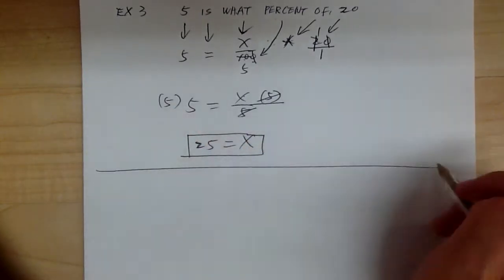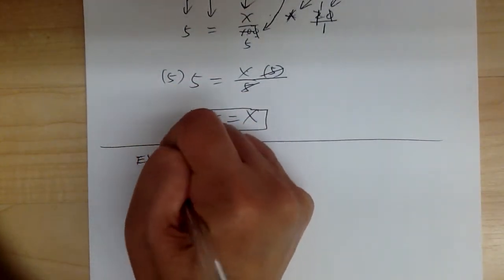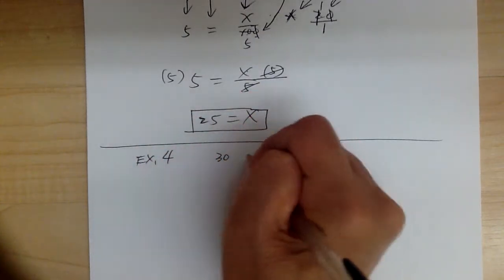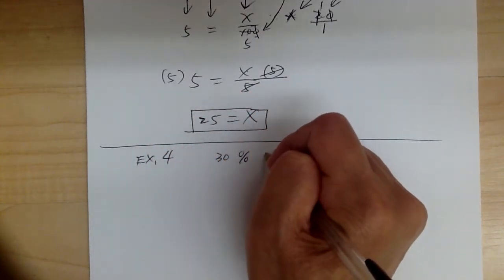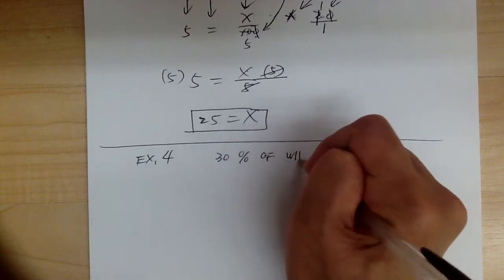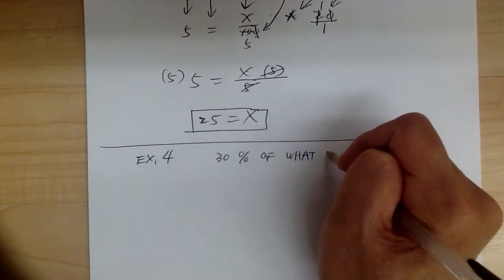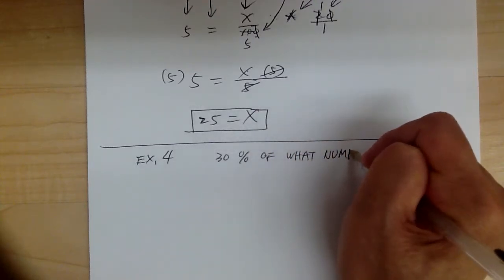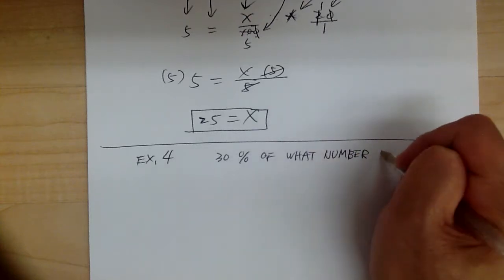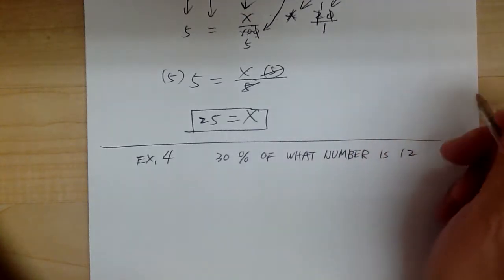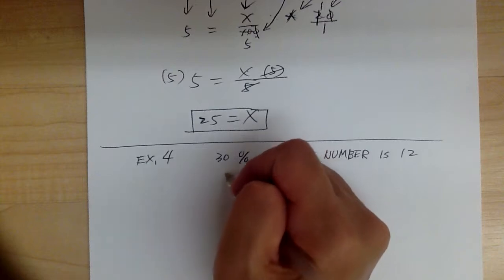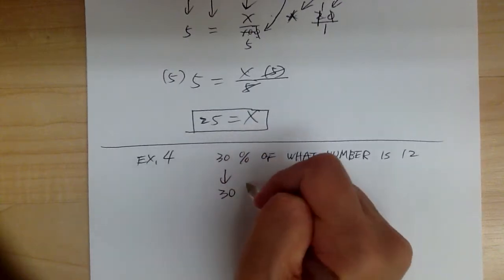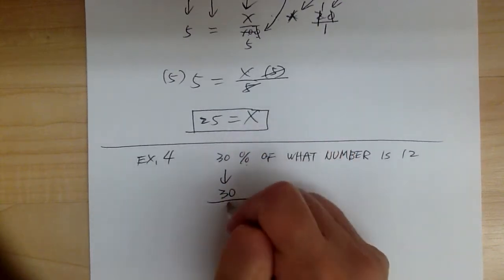Let's go to example 4. Is 30% of what number is 12? So again, let's translate. 30% means 30 over 100.